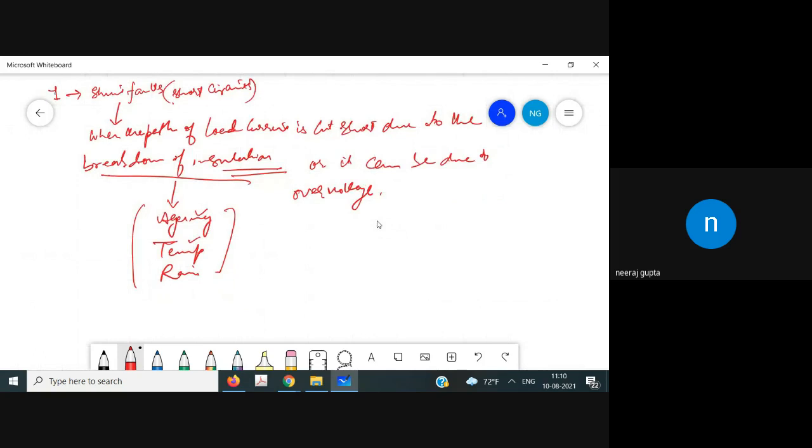In this example, you will see a line to ground fault occurs in a system. Let us suppose that we have one pole, and an insulator is tied to it.